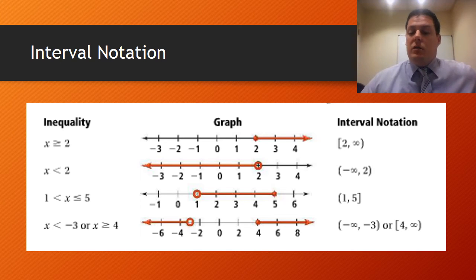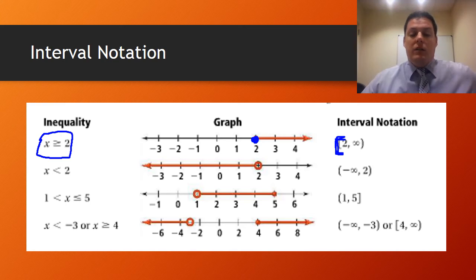Here's another notation we can use. This is called interval notation. So instead of writing x is greater than or equal to 2, if you draw it on the number line, it's greater than or equal to, so it's closed in. Anytime we have a closed in dot, you want to use a bracket.